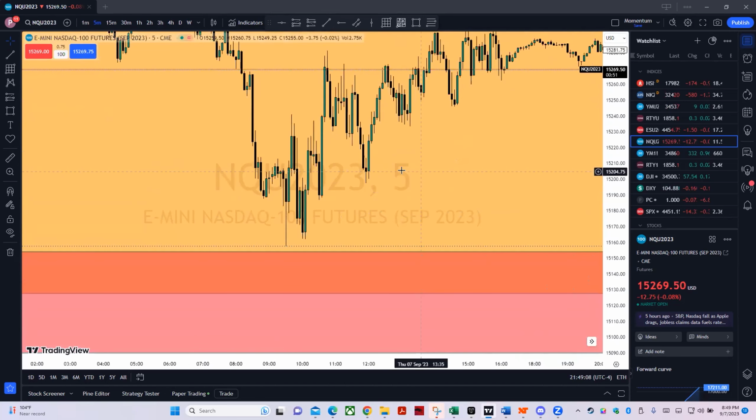So look for the propulsion block. Then look for the retracement. Remember, the retracement is going to be key. Remember the breaker candles.